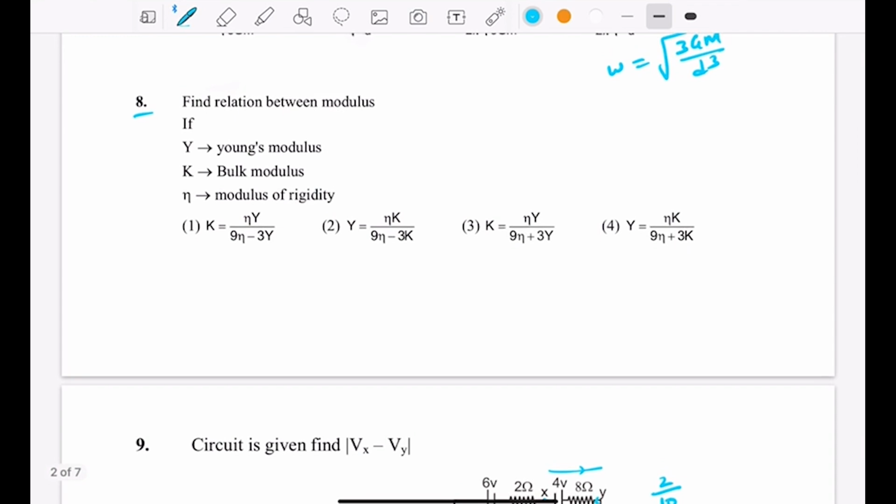This formula I just remember somewhere like this. Just 1 minute.